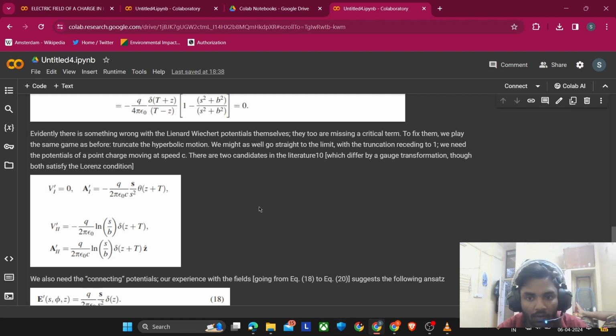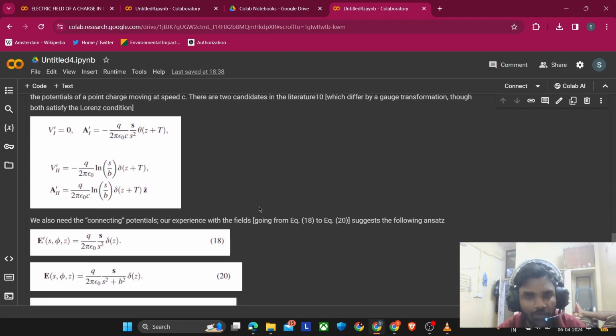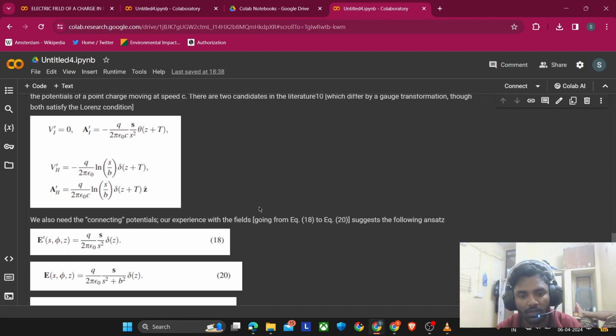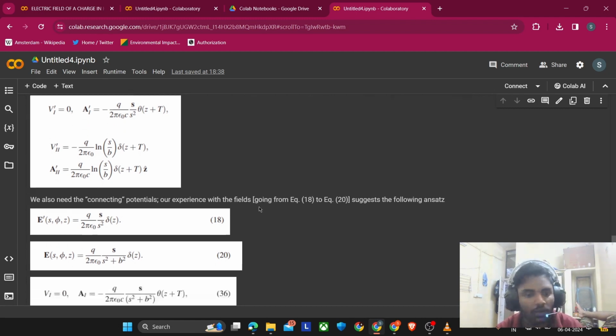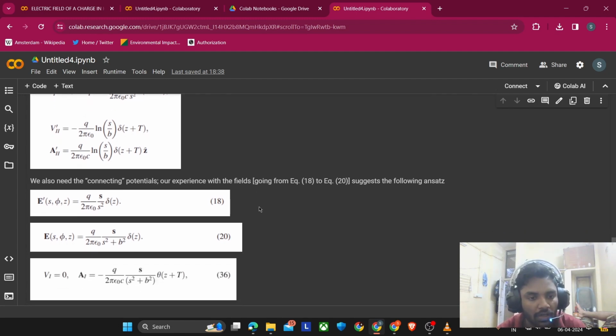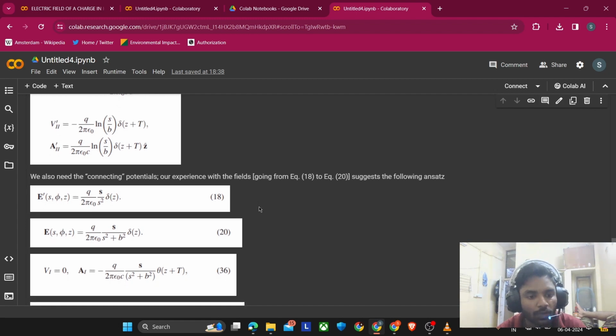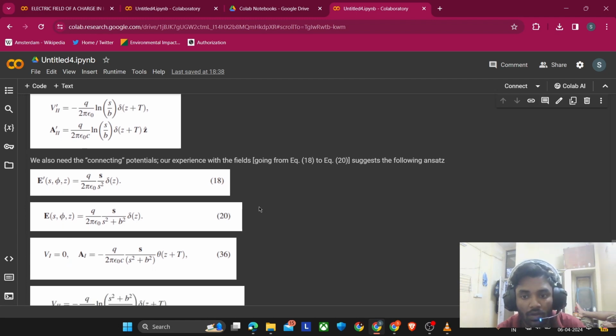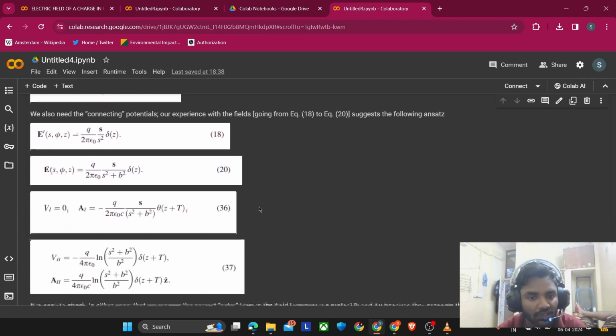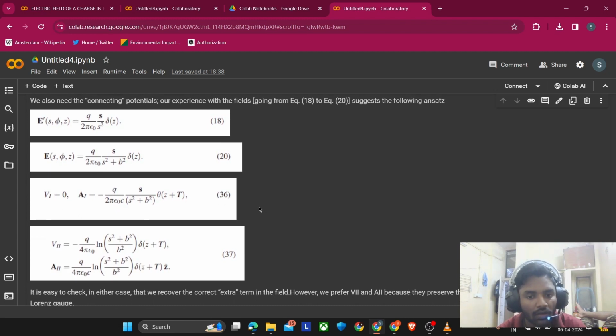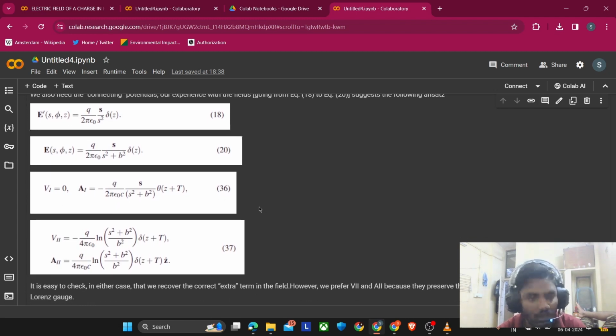So we have to connect the potentials of our expression with the field, from equation 18 to equation 20. Those are q by 2 pi epsilon naught s by a square into delta of z, and q by 2 pi epsilon naught s by a square plus b square into delta of z. After doing that, this suggests these potentials and vector potentials: one is equation 36 and the other is equation 37. In equation 36, the potential is 0 and the vector potential is minus q by 2 pi epsilon naught c into s by a square plus b square into theta of z plus t.